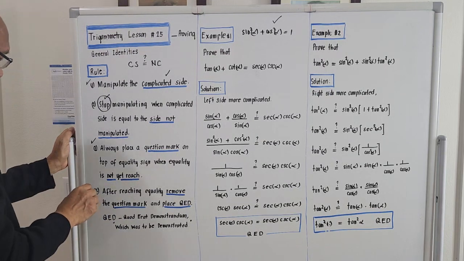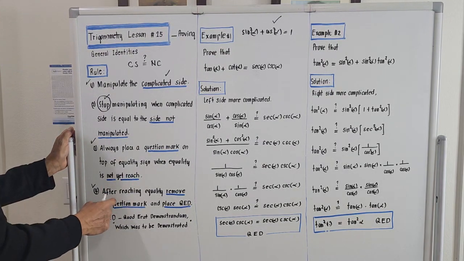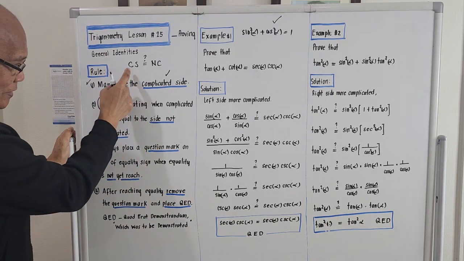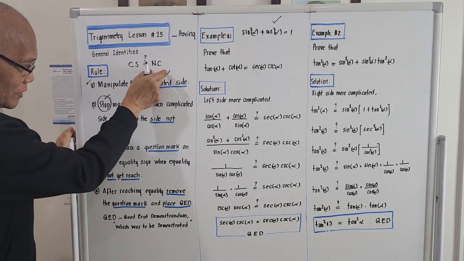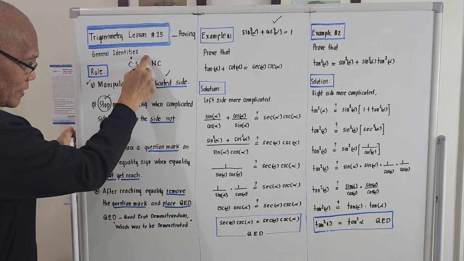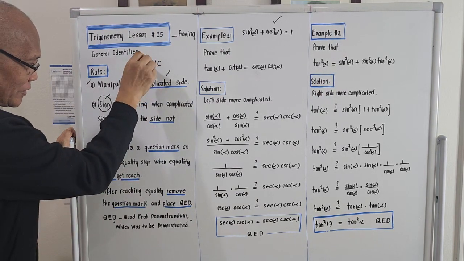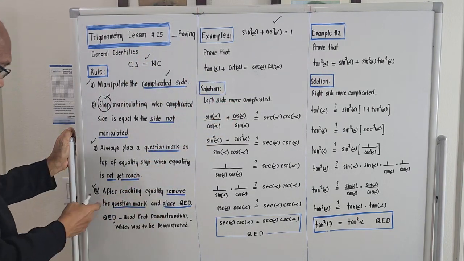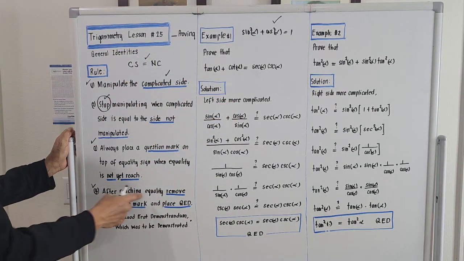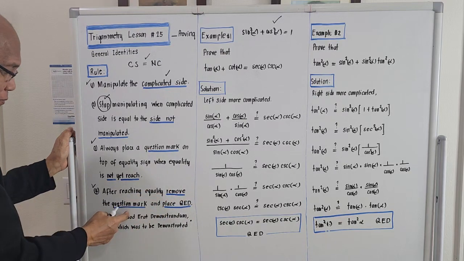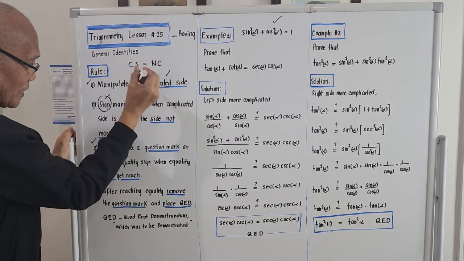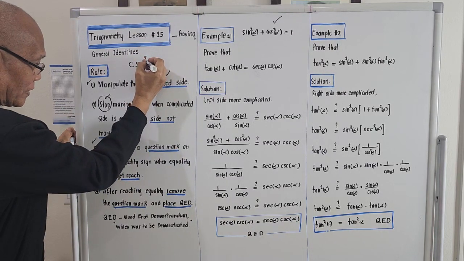Okay? So number 4, after reaching the equality, meaning when the complicated side is now equal to the not complicated side, you remove the question mark and you have proven already that the identities are equal. So for step number 4, after reaching the equality, remove the question mark. If you reach equality, there's an equality, right?